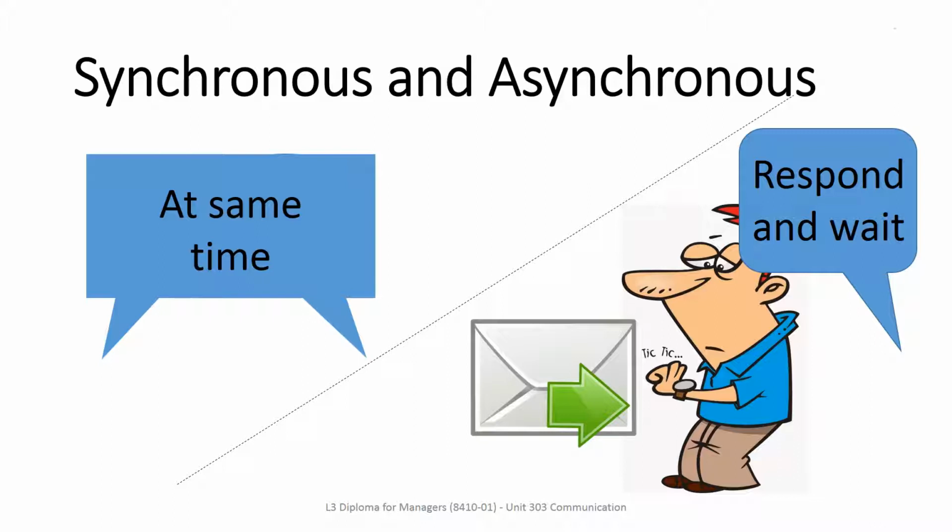So we're not communicating it all at the same time. I have to respond and wait, and sometimes that happens 2 or 3 times in that process for it to be communicated, and the communication hasn't happened until the waiting's over and the response has been received, and that's asynchronous communication. So when we're communicating, we need to make sure we're aware of what type of communication we're doing, otherwise we can become very frustrated in not receiving our responses.